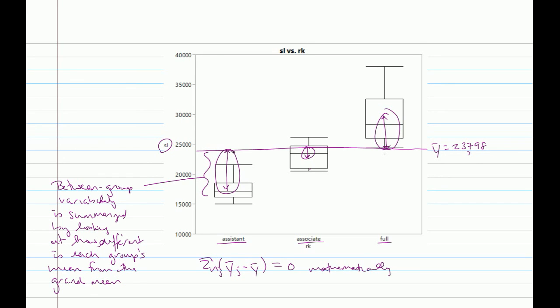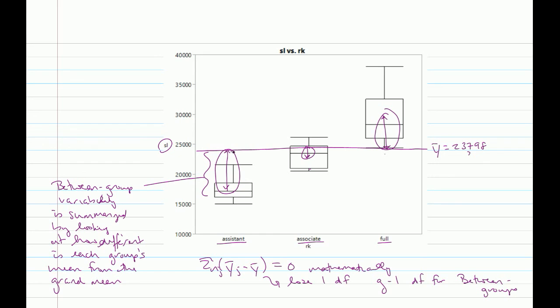And so when I only have g groups, I lose 1 degree of freedom. So I will have g minus 1 degrees of freedom for my between groups summary.